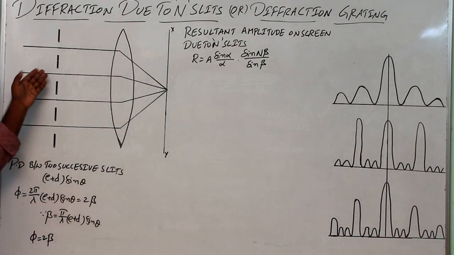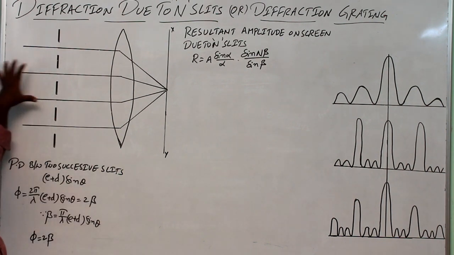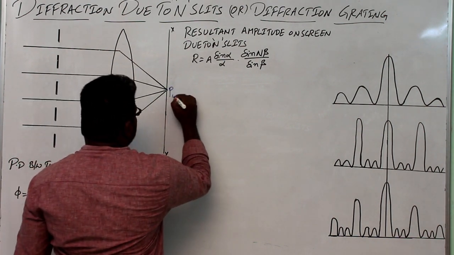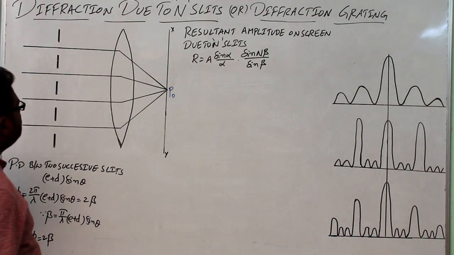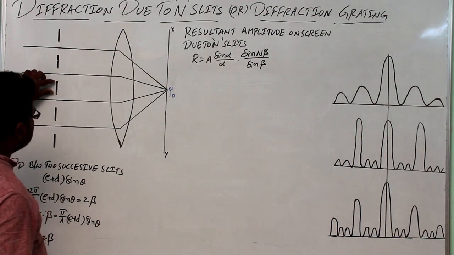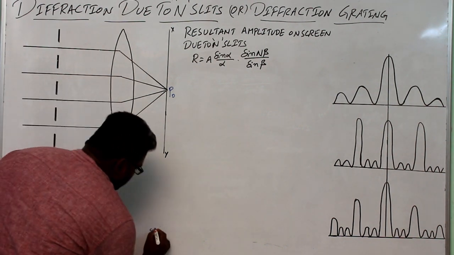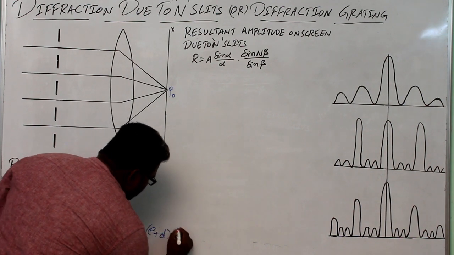By incident light rays, a few of the light rays pass through the gaps of the slits and focus at the center of the screen. Let us say this is P0, the center of the screen. Now the term E plus D, where D is the distance between two successive slits, the term E plus D is called a grating element.